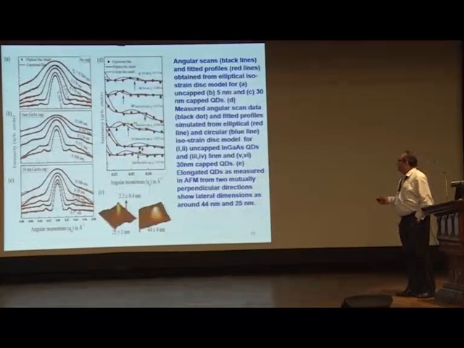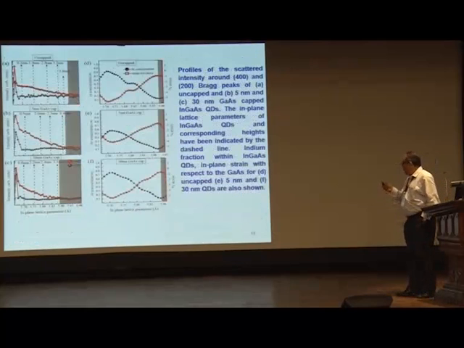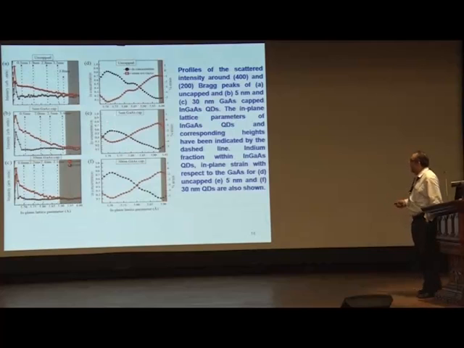So, again we have this composition, say 200 and 400 reflection. From there you can find out the indium concentration as a function of height of the quantum dot, and then for all these three samples, one is uncapped, another is 5 nanometer capped, and another is 30 nanometer capped.